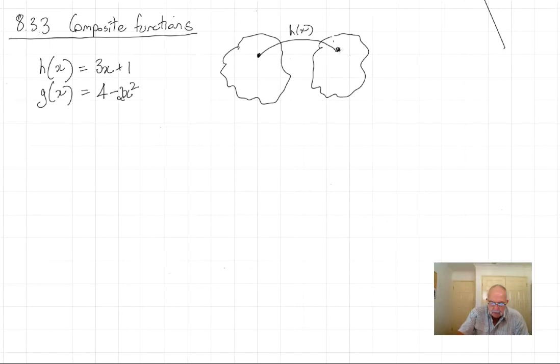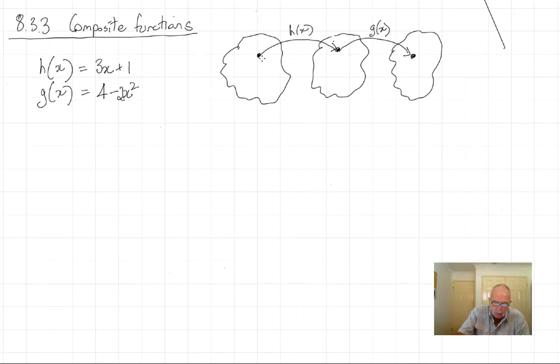And then g of x takes that point and maps it to a new point. And my question is, is there a way we can work out one single function rather than do it in two steps?